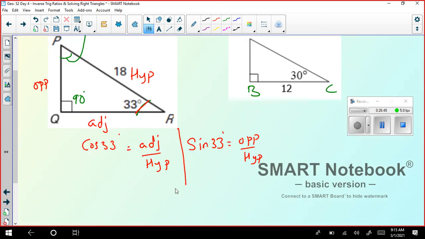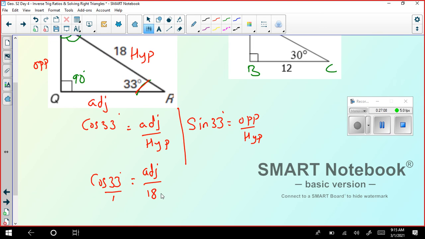Okay, let's substitute in each of them separately. Here I am interested in finding adjacent, so just keep adjacent as ADJ itself. Hypotenuse was given to me as 18. Keep cos 33 as it is. Then you can cross multiply. Once I cross multiply, I get adjacent equals 18 times cos 33 degrees.